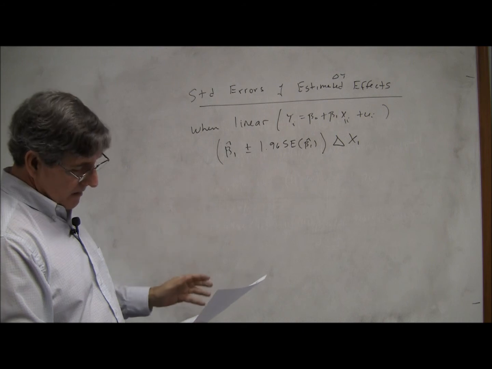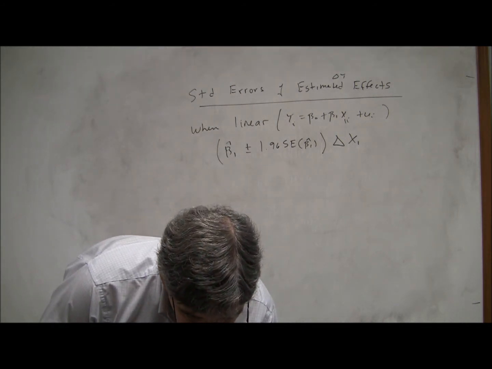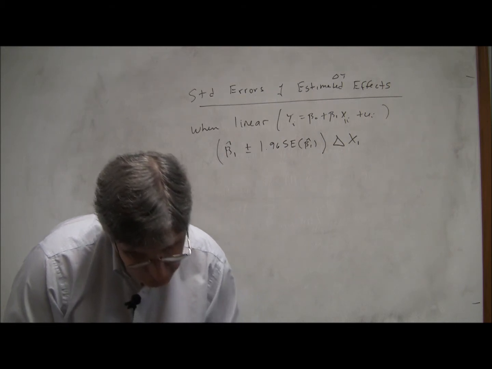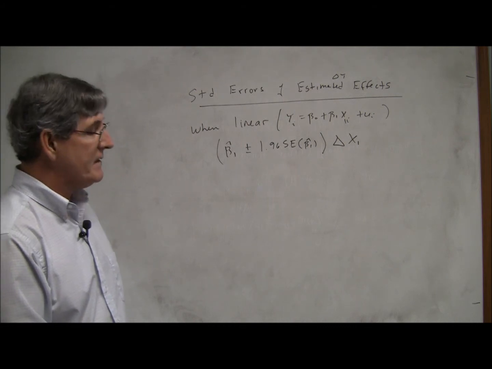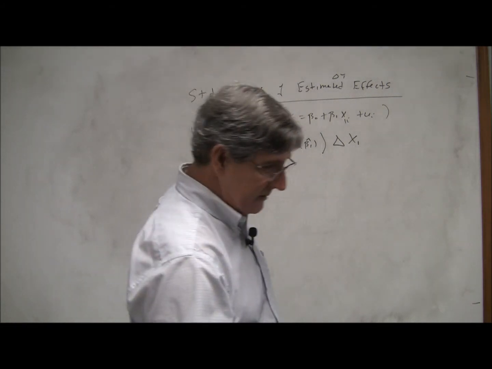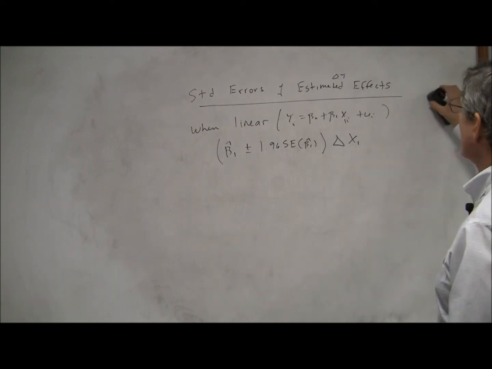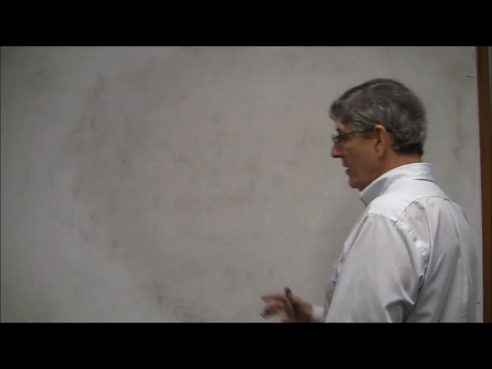And so we know how to do that. But when we have these nonlinearities, it becomes a little bit more complicated. And so let's try to work that out. So when it's nonlinear, how do you get the confidence interval for a change in x?